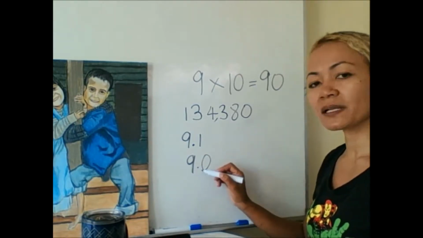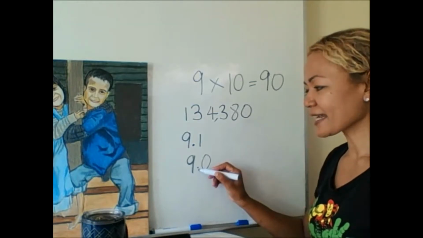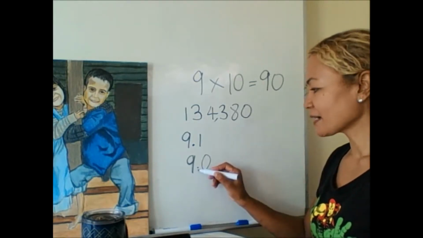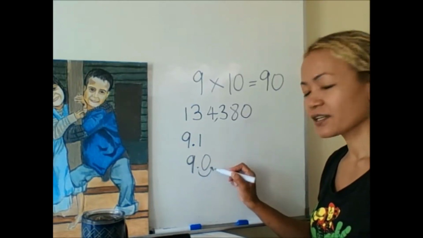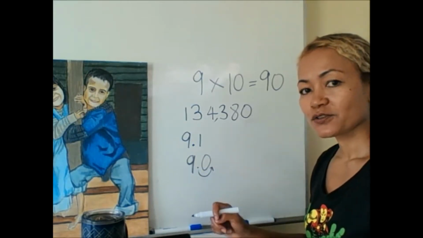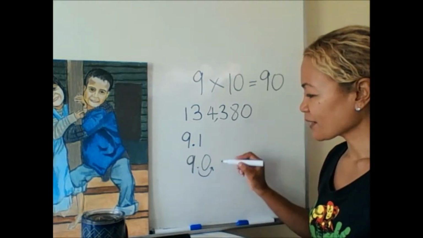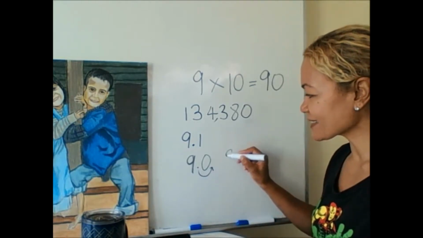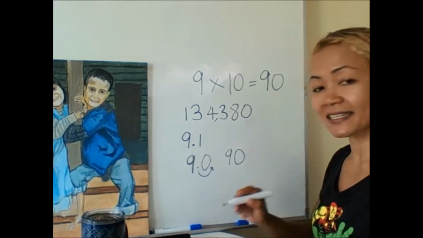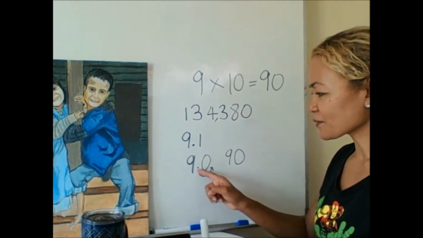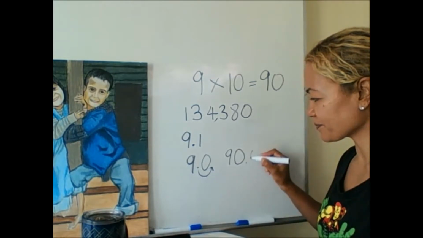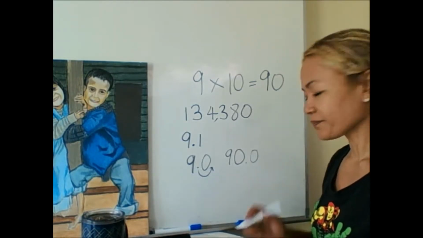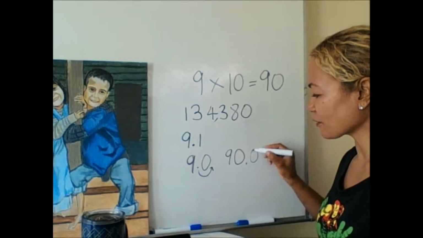Now, what happens when you multiply it by 10 is that this decimal place moves one place over to the right to make the number bigger. So what it does is then it gives you the answer 90. Because once you move the decimal place, it becomes 90.0.